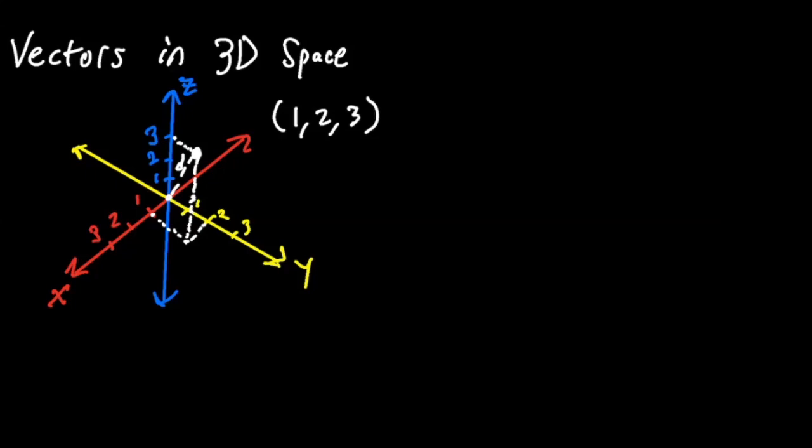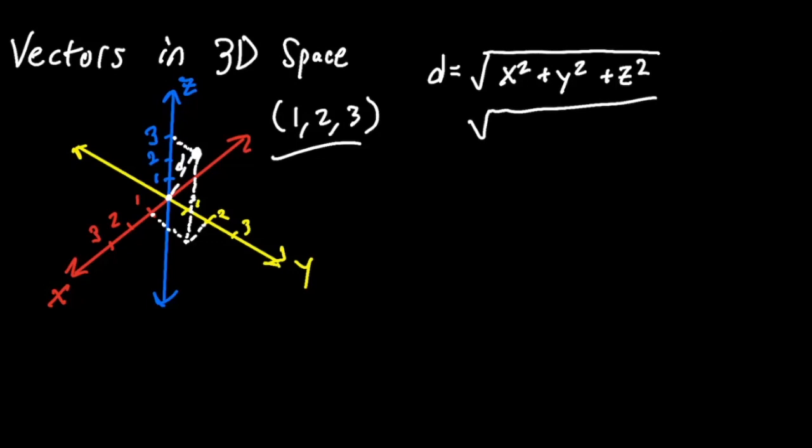So how this works is if we have a point and we're looking for the distance to the origin, for example, 1, 2, 3, our distance is going to be the square root of x squared plus y squared plus z squared. So square root of 1 squared plus 2 squared plus 3 squared.